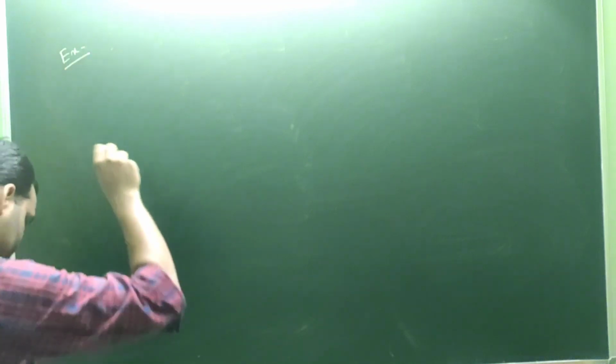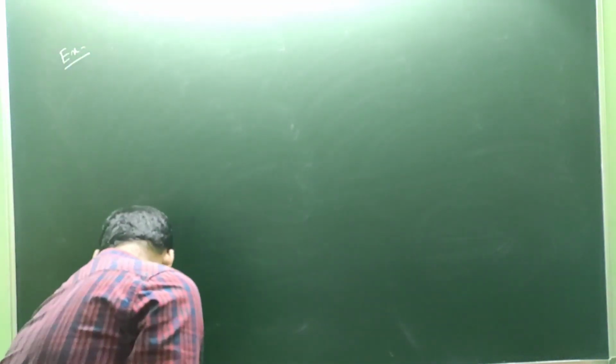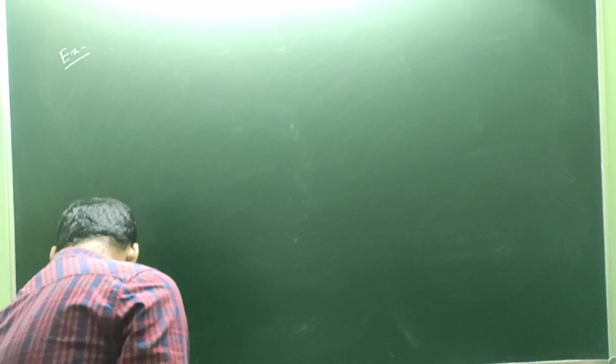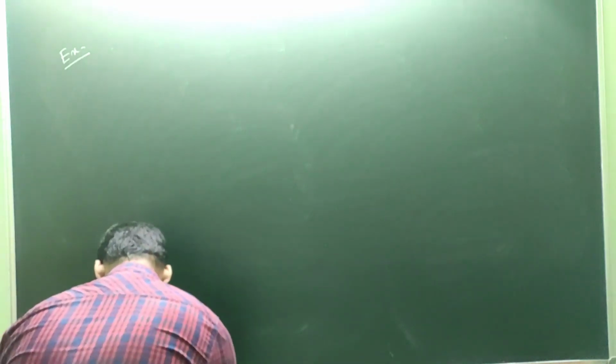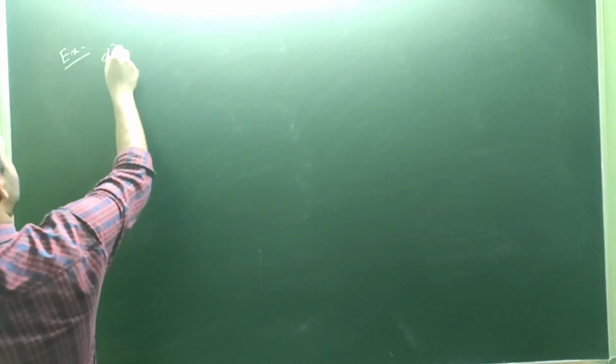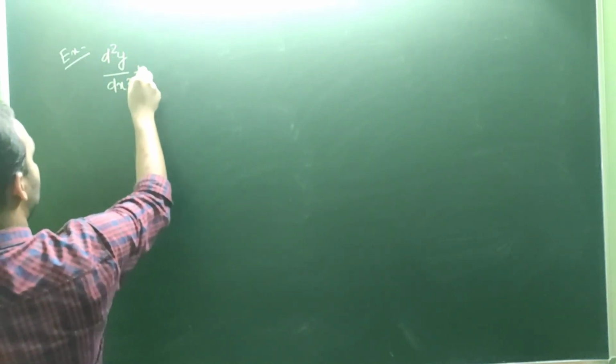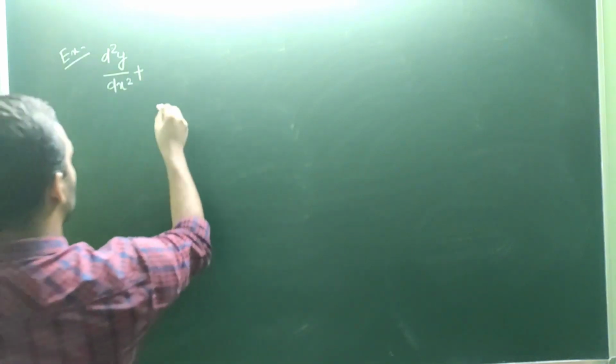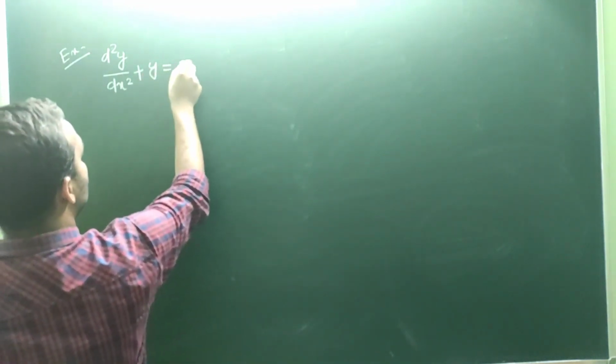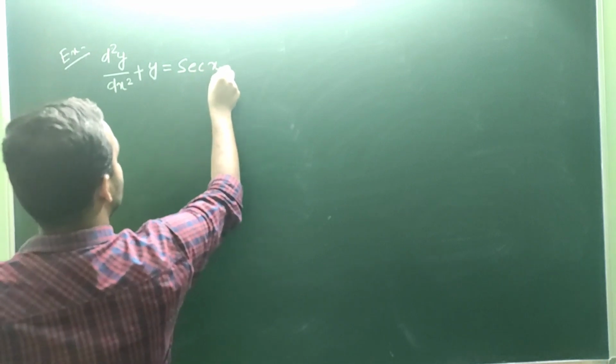Okay. So the example is d square y by dx square plus y is equal to sec x.